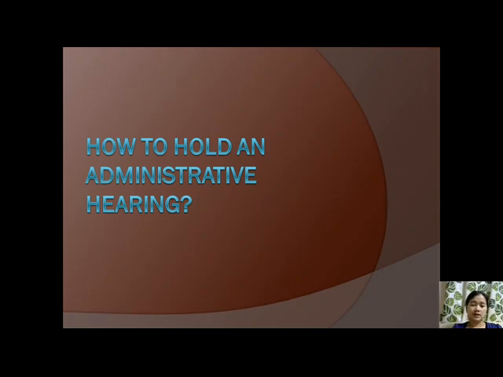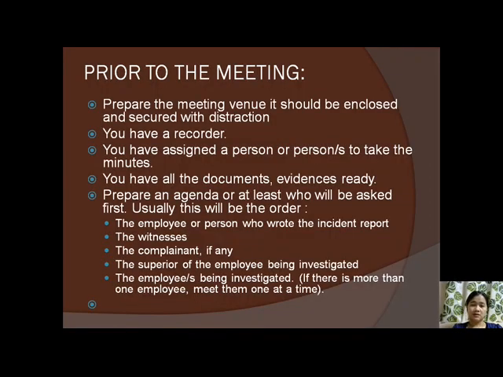Now, another important part of due process is the administrative hearing, or conference. So how are you going to hold the administrative hearing? These will be the steps. First, prior to the meeting, you need to prepare the meeting venue, and it should be enclosed and secured without distraction.